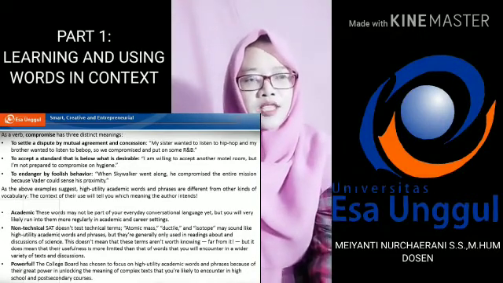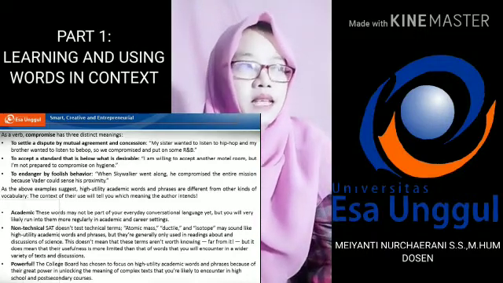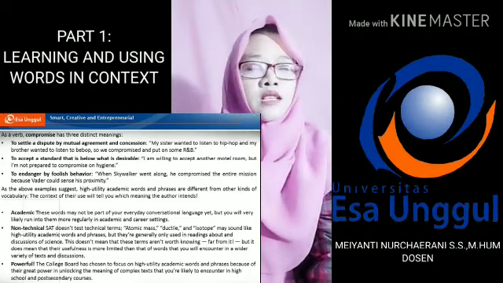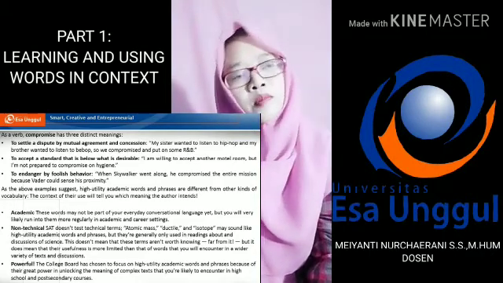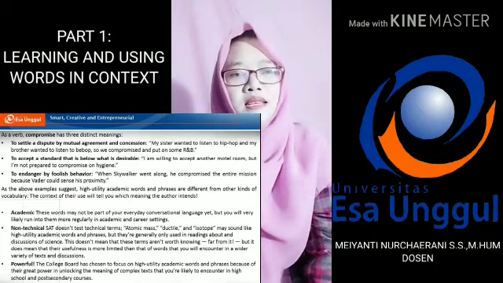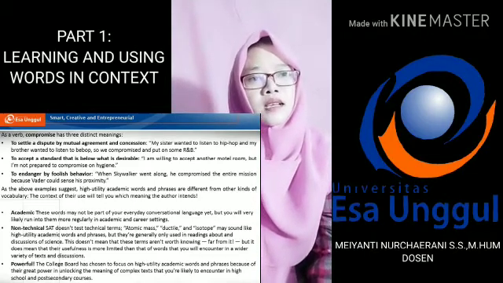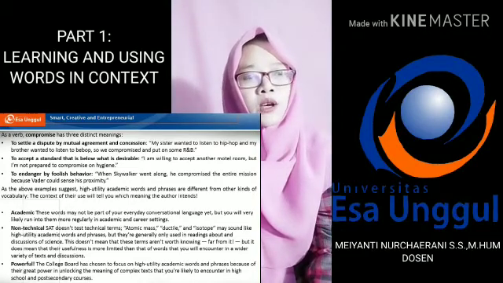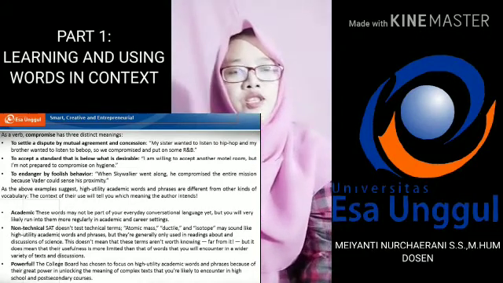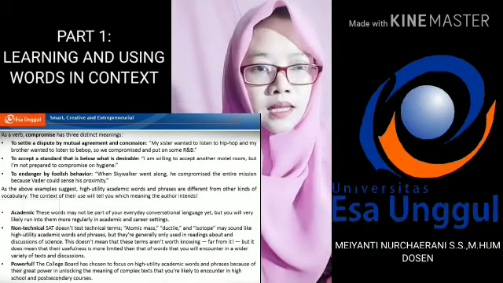Next, to accept a standard that is below what is desirable. I'm willing to accept another model room, but I'm not prepared to compromise on hygiene. The next one is to endanger through foolish behavior. When Skywalker went along, he compromised the entire mission because Vader could sense his proximity.